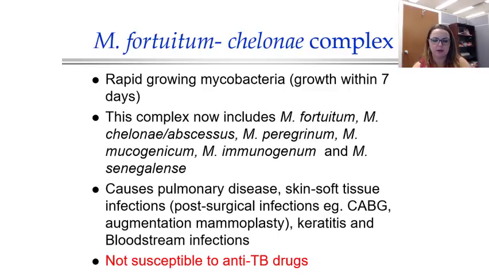They cause pulmonary and skin and soft tissue disease. The biggest thing about them is that they don't actually respond to the typical anti-TB drugs, so they're actually very difficult to treat. In the MOTTs, the organisms I really want you to understand are M. leprae and MAC. If you understand those two, then you've kind of gotten what I wanted you to get out of this video.